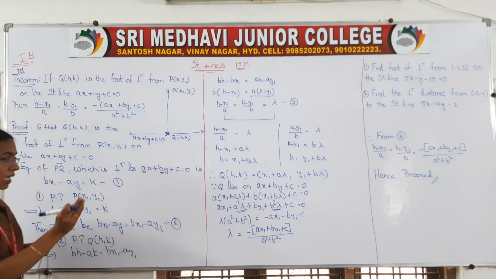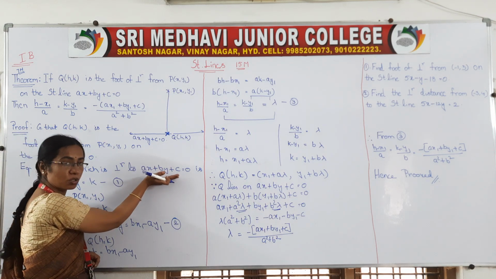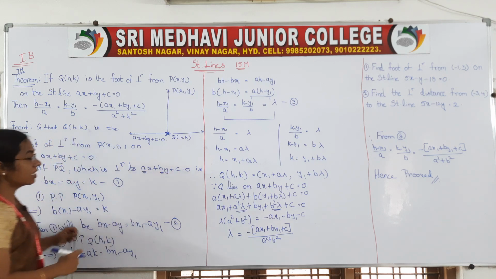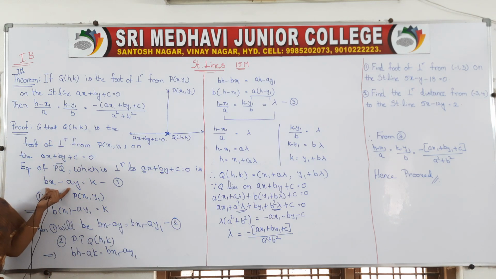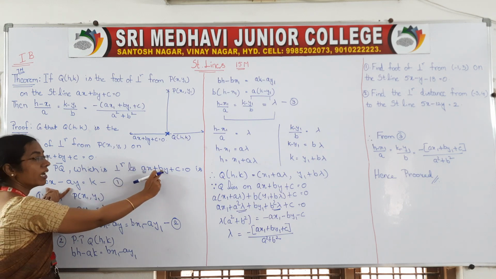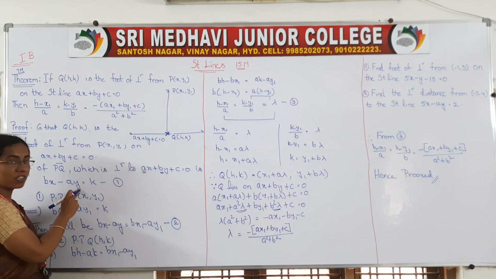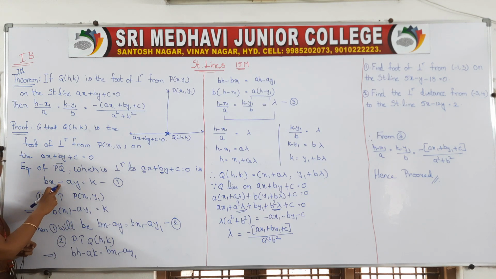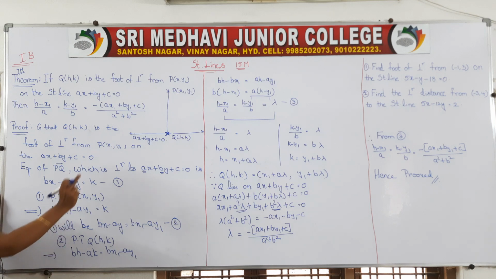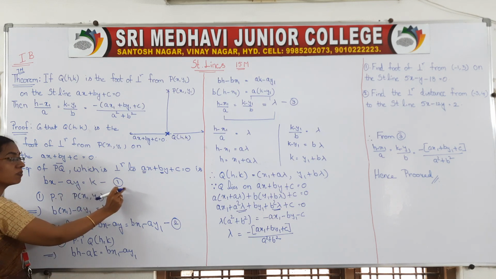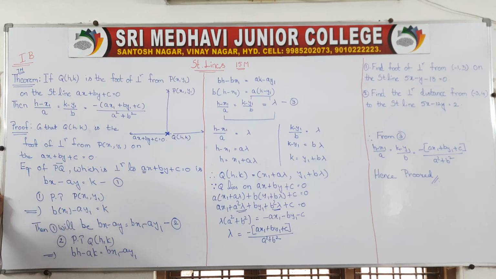If we want to write the perpendicular line to any line, what is the formula? This is the formula. That means y coefficient comes with x, x coefficient comes with y, in the middle a negative sign will be there, is equal to some constant we have to take. So, you consider that as your first equation.